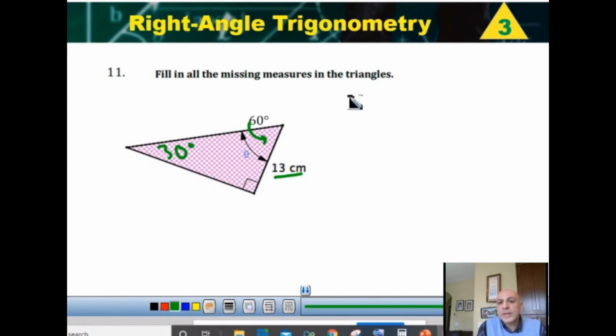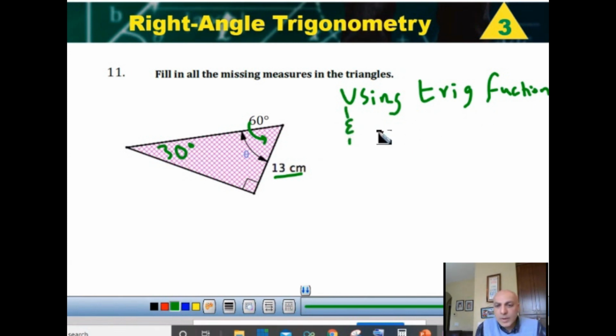So first of all, you could write this down, using a trig function or ratio. So we're going to use a trig function and the Pythagorean theorem. Okay, so we're going to use both of them to find out what's going on here.